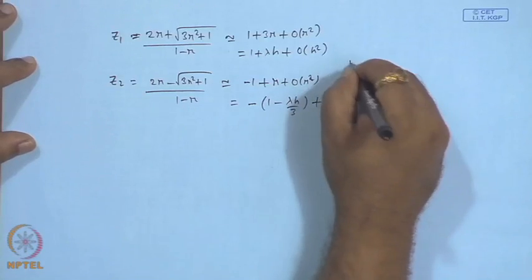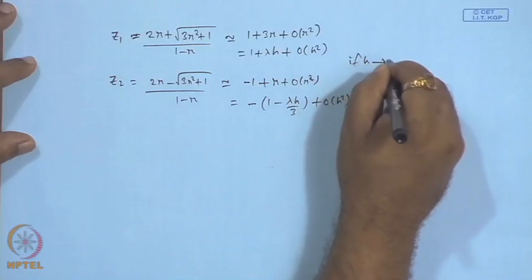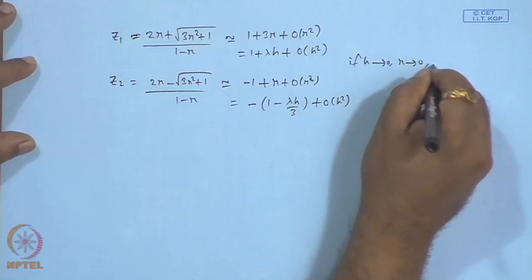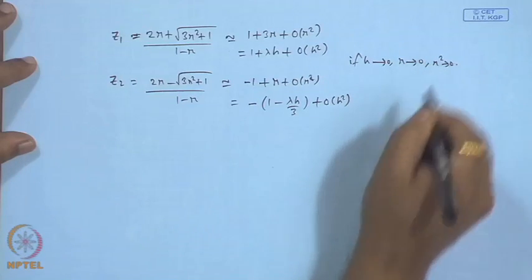So this is for what? If h goes to 0, r goes to 0, r square goes to 0.